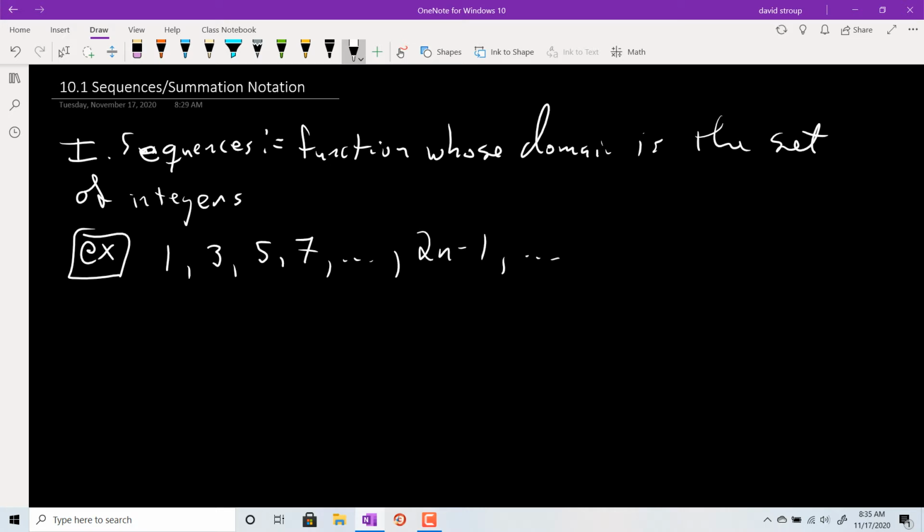This first guy, they're going to say, is a sub 1. That's the first term, clearly. And then that's the second term, a sub 2, et cetera: the third term, fourth term, and this is a sub n, the nth term.